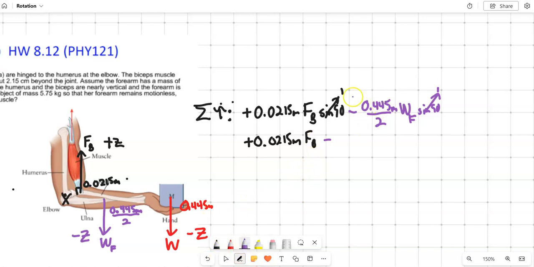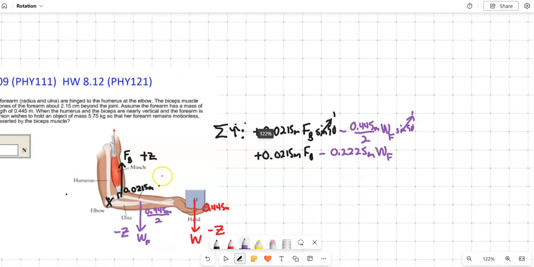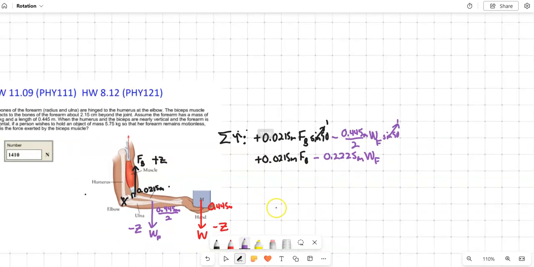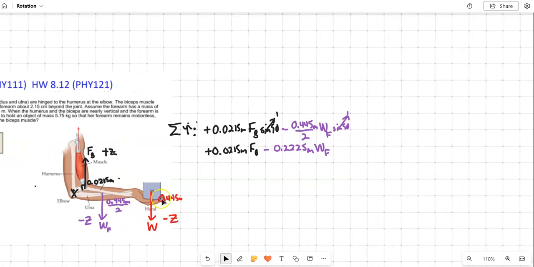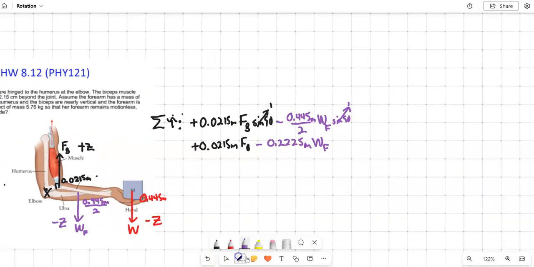So this right here is 0.2225 meters times the forearm weight. All right. Moving right along, we get to the weight that the person is holding in their hand. Okay, so that's a red torque.